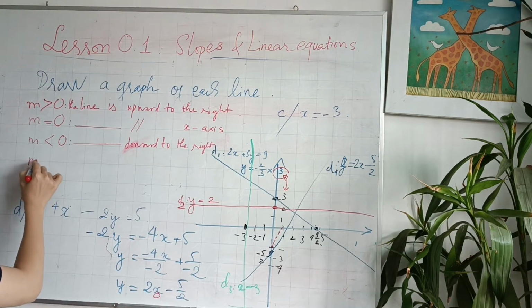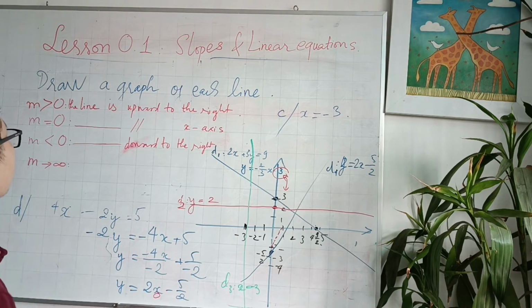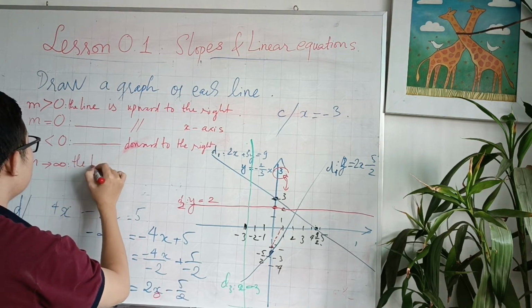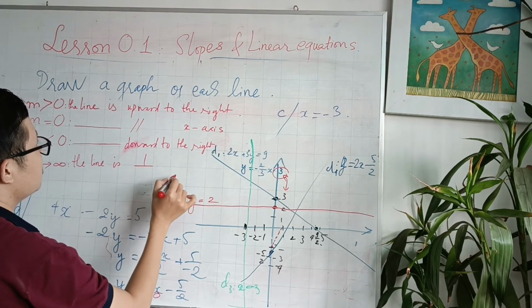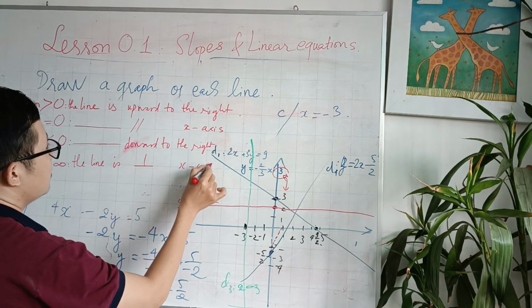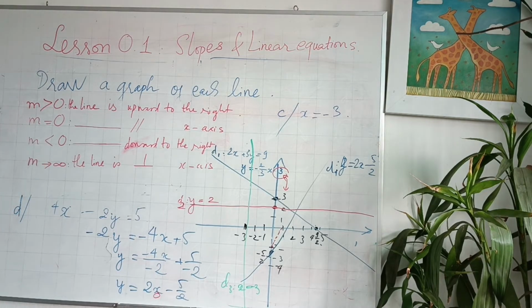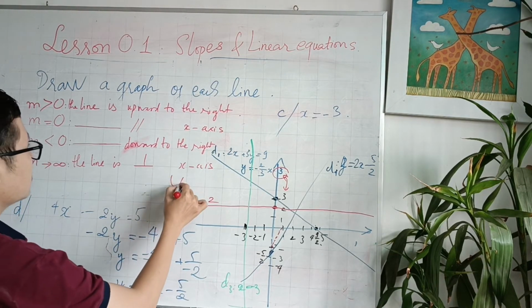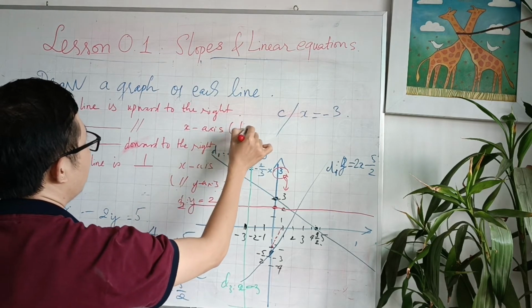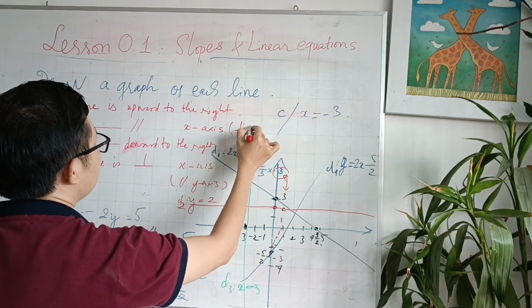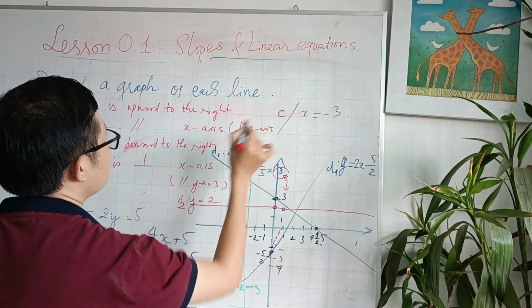And when m approaches infinity, the line is perpendicular to the x-axis, or maybe we can say it is parallel to the y-axis. This is perpendicular to the y-axis.